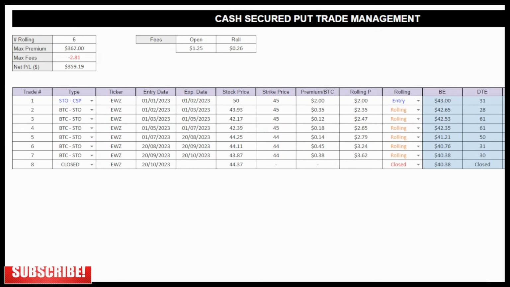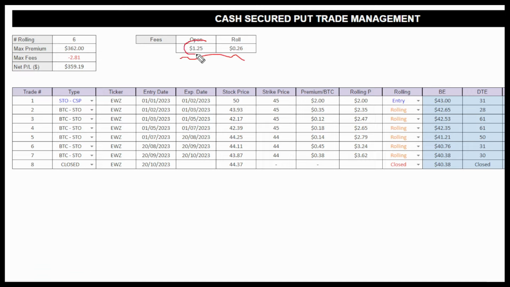But now, going back here to our spreadsheet, we're going to simulate a trade that we did on the ticker symbol EWZ. Of course, you can use whatever ticker symbol you like. You can play with these however you like. This is just for educational purposes only. Basically, I'm following what Tastyworks charges, but you can change these fees.